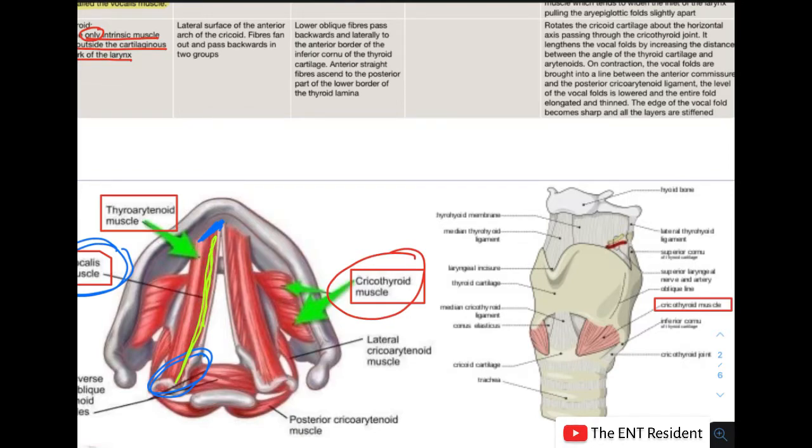As you see over here, it takes its origin from the cricoid cartilage arch. Then it fans out and passes backwards in two groups, and ultimately they get attached to the anterior border of the inferior cornu of the thyroid cartilage, which is not visible over here right now, somewhere over here.